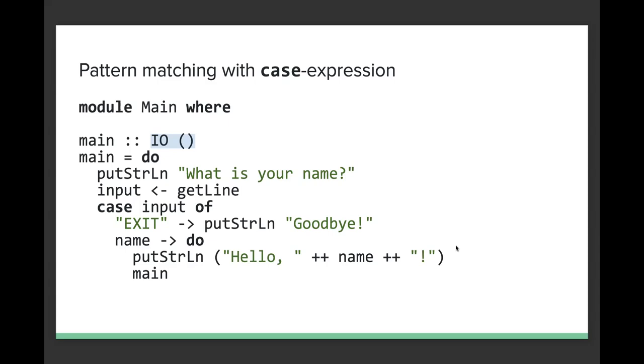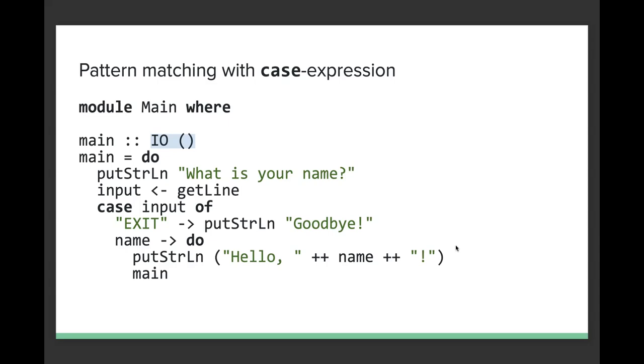So the syntax is case expression of, and then a bunch of cases. For each case, we have a pattern and the right arrow, and then the body of what we would like to return if the expression matches that pattern. In this case, if input is literally exit, so it matches exit, then we again return a program that prints goodbye.